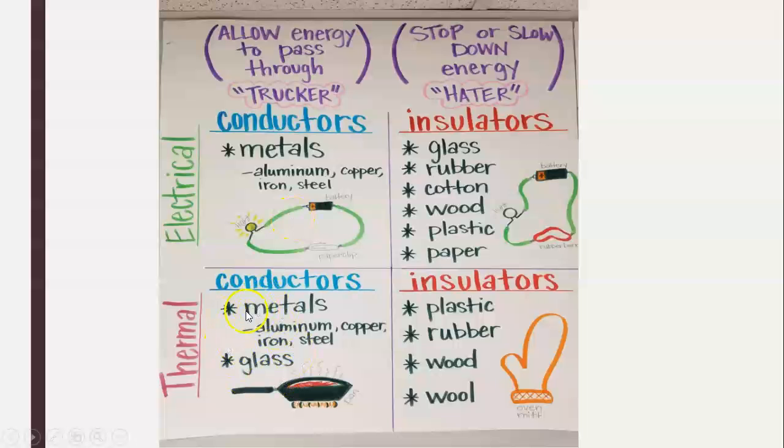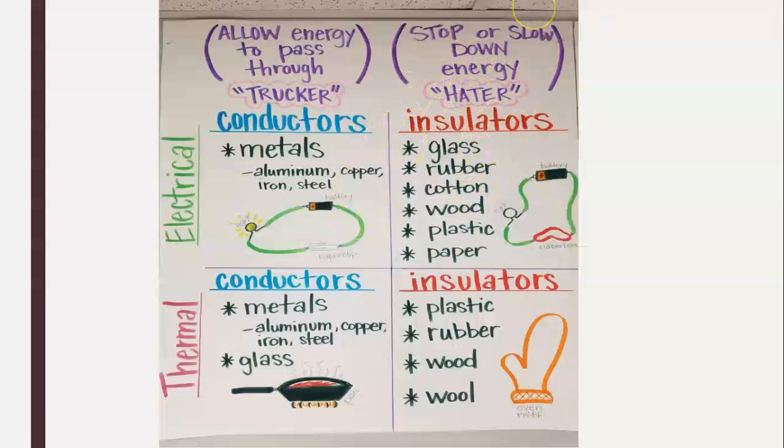And if you remember, previously we talked about thermal energy too. Normally conductors are good thermal energy distributors. Once again, they will allow energy to move through the system. Whereas our insulators, they stop, or they don't let that energy move through the system very well.